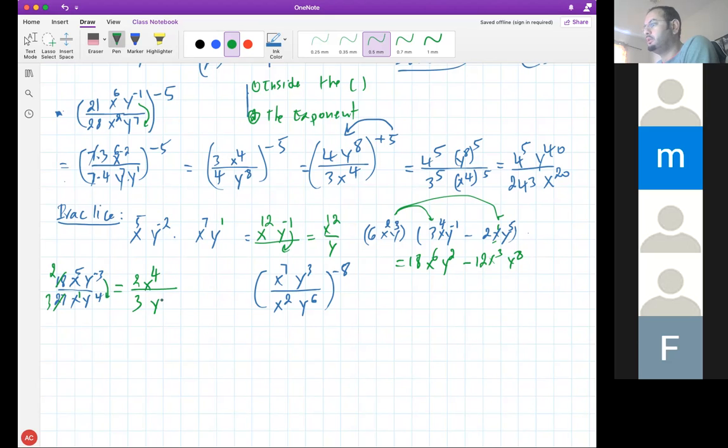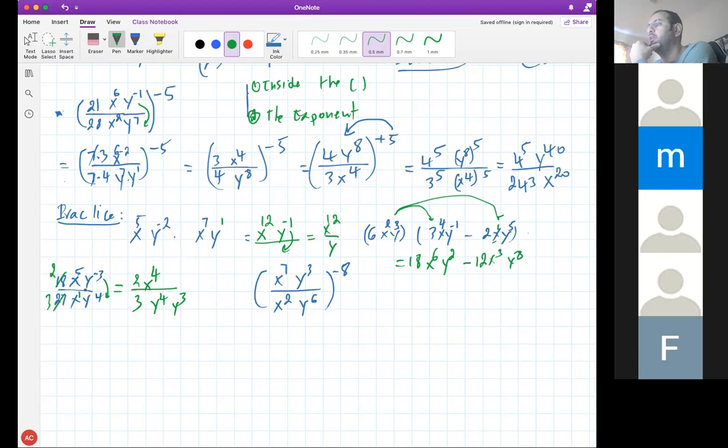May I ask a question about this? In this case, can we divide the main fraction into 3 parts, which is 18 over 27, x to the 6 over x first? You don't have to do that. It's better to keep it together like this.